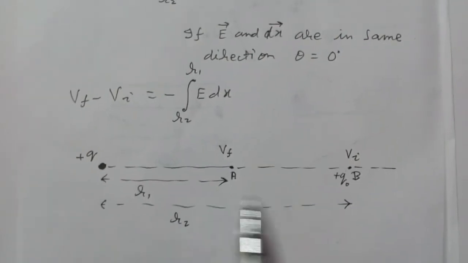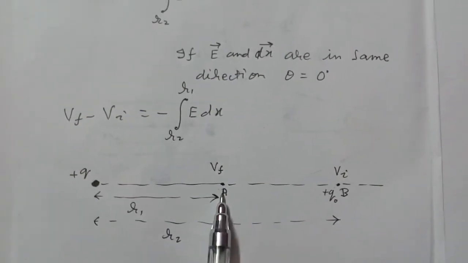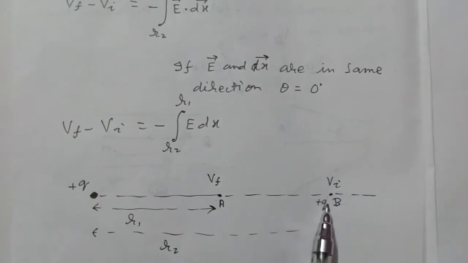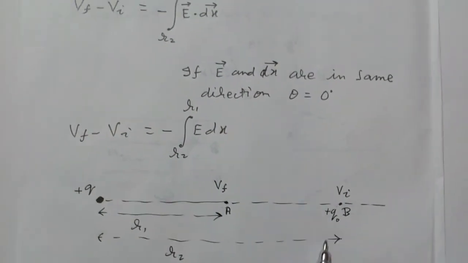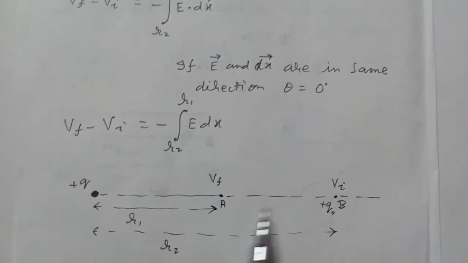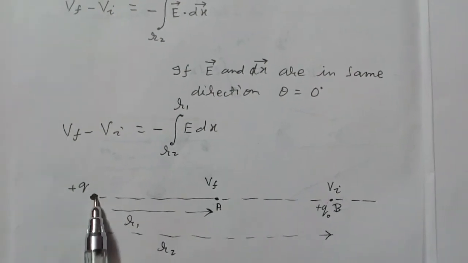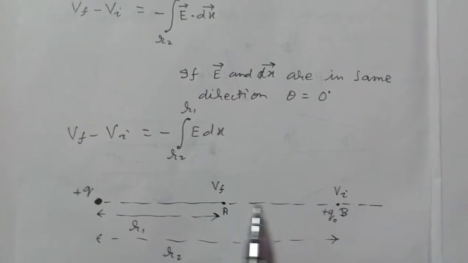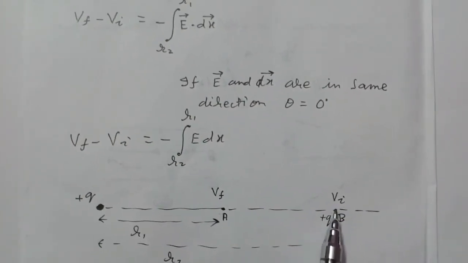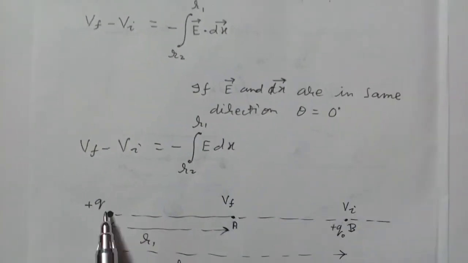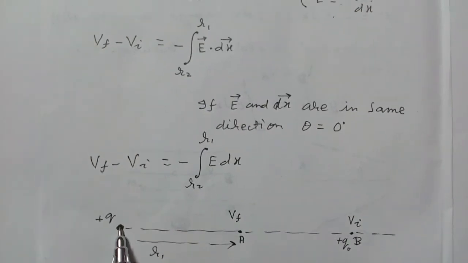We are bringing plus q naught charge from a distance r2 to a distance r1 from a plus q charge, and we are interested in finding the potential difference between these 2 points B and A due to the plus q charge.